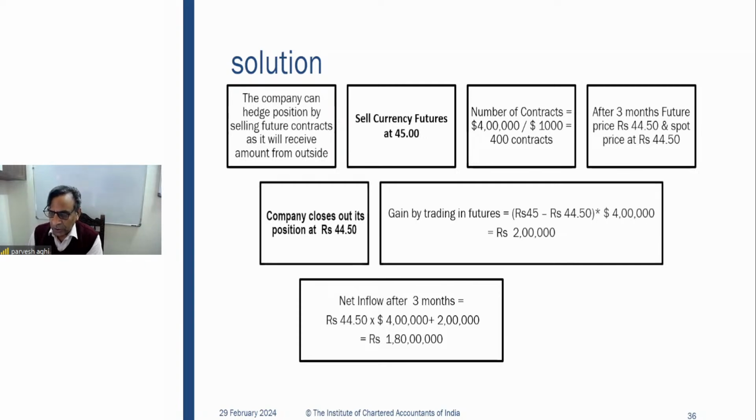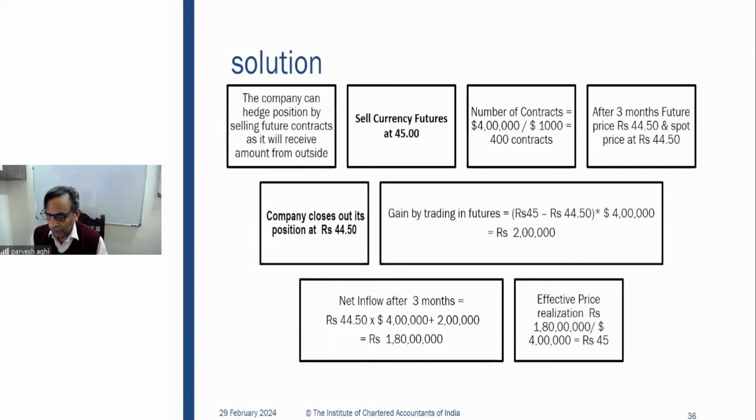The dollar has gone further down, so they're making money on that. They sold and bought at a lower price. Total overall inflow is 1 crore 80 lakhs. So the effective price will be 1 crore 80 lakhs divided by 4 lakh, which is 45. The effective price works out to be the same as that at which they sold their currency futures. This is the answer for this question.